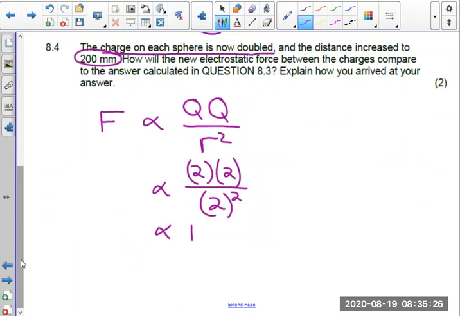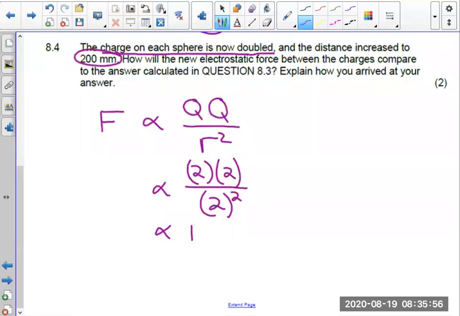So in this case, they say, how will the new electrostatic force between the charges compare? So you're going to say it's going to be the same or equal. And then you can say, if both charges are doubled, you can even show this equation, and the distance is also doubled, then it means that the force is going to remain the same.